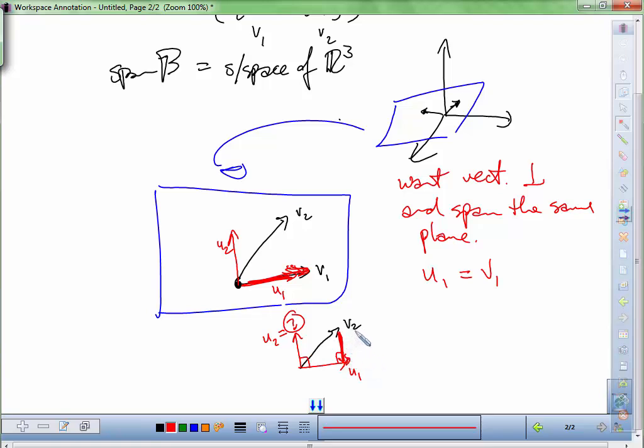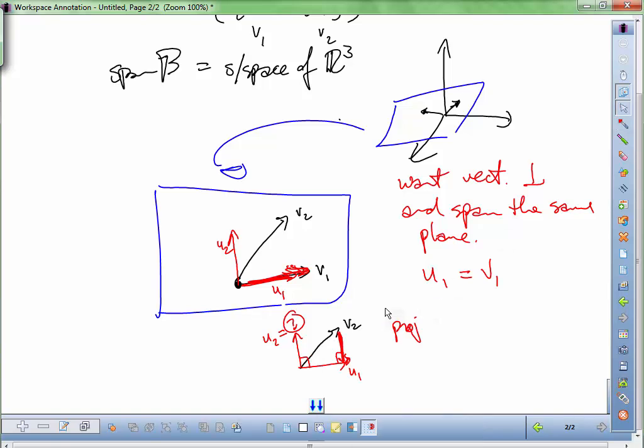So the projection, let's do this in a different color because this isn't our answer yet. This is the work that we're going to do to get to our answer. Green.